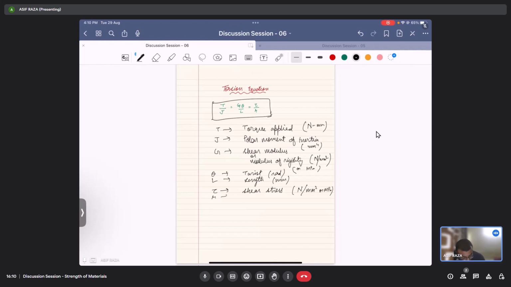Then R is the radius, in millimeter. So it's best to remember this formula, that is T upon J is equal to G theta upon L equal to tau upon R. So this is one equation.